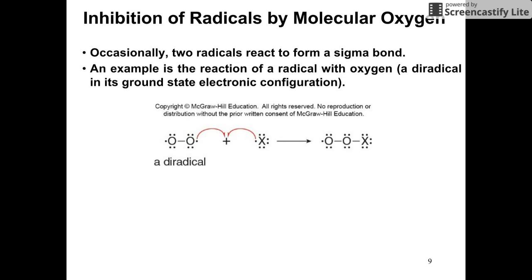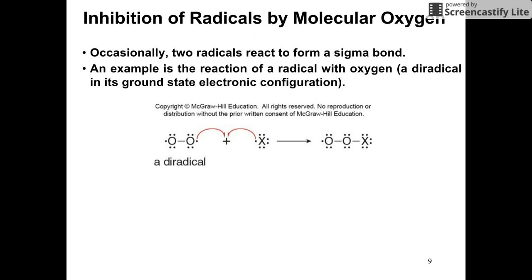Now, it's possible, and this is where it can be important, oxygen can be considered a diradical and it can inhibit. If two radicals come together, you can basically kill the radicals, and oxygen is one way of quenching or inhibiting a radical reaction.